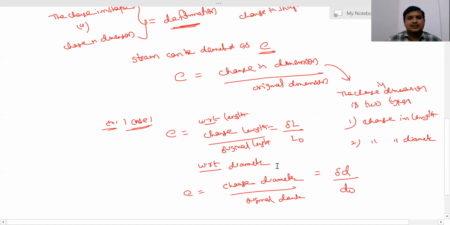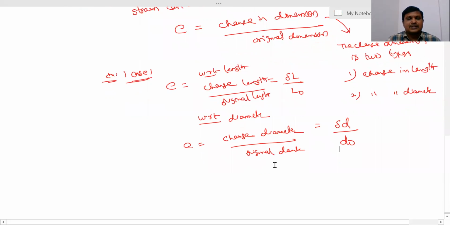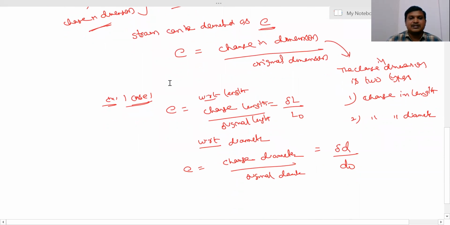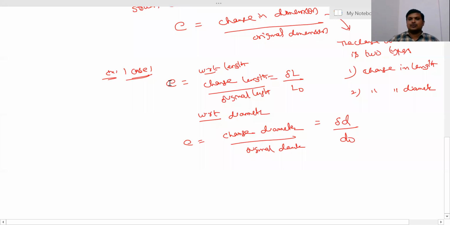Many students get confused and think strain is nothing but change in length by original length. It's not right. It's not a correct way of explaining the meaning of strain. Strain is nothing but: there will be a deformation, change in shape or change in dimension, called strain. So the ratio of change in dimension to original dimension is called strain.